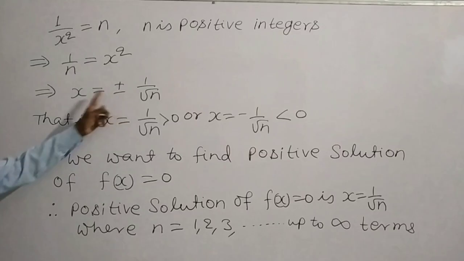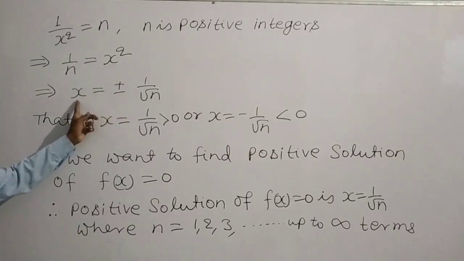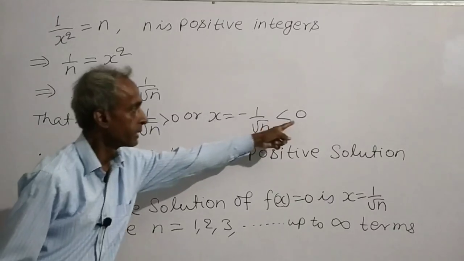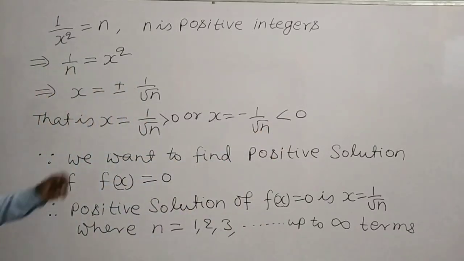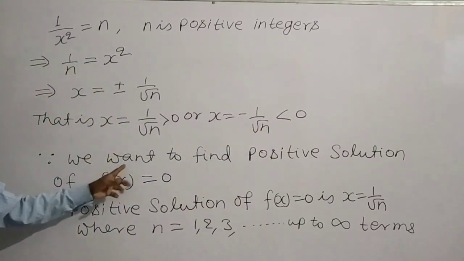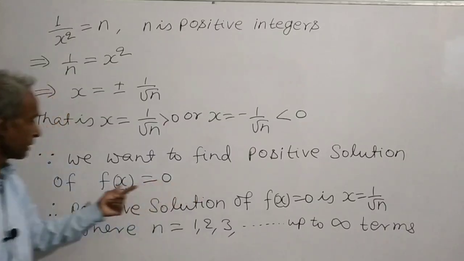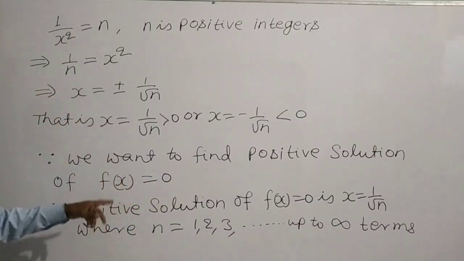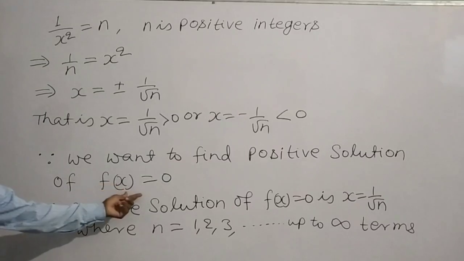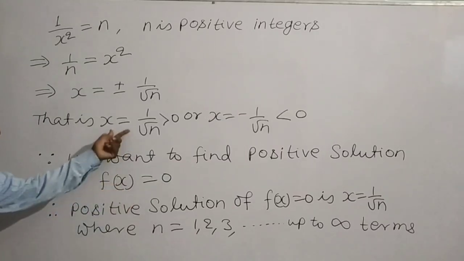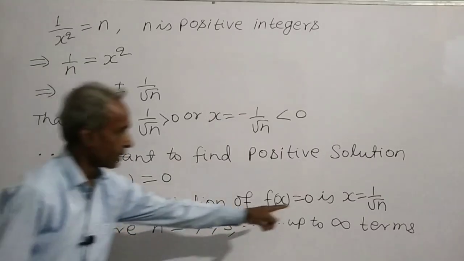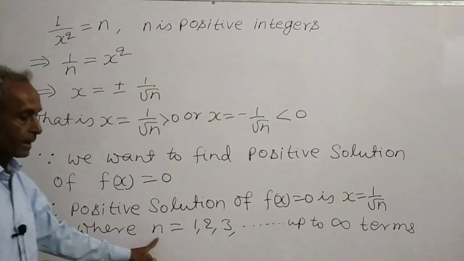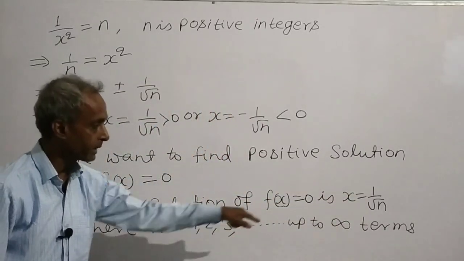And taking the negative side, the solution is x is equal to minus 1 by root n, which is negative. Since we want the positive solution of this equation, the positive solution will be x is equal to 1 by root n, where n is a positive integer.